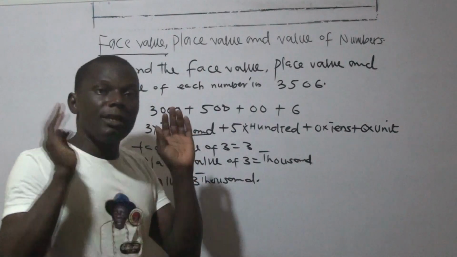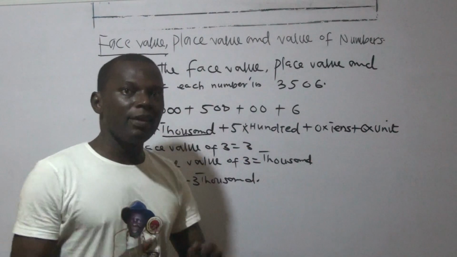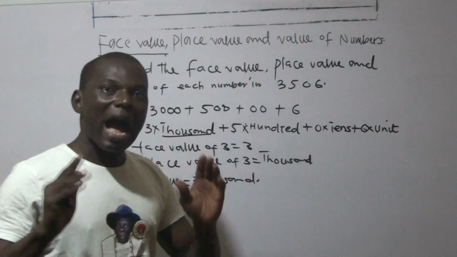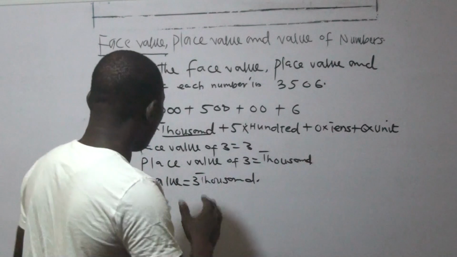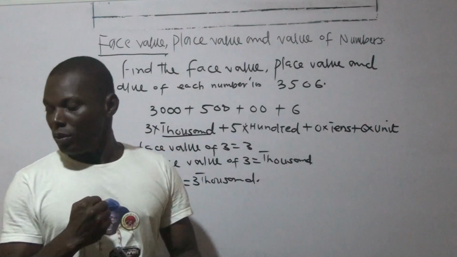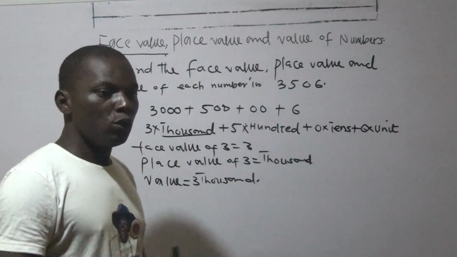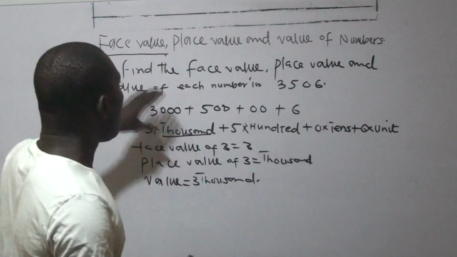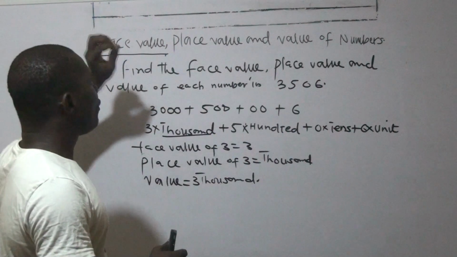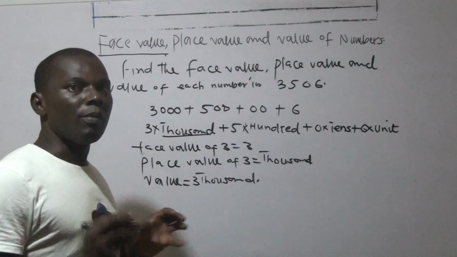The place value is the position the number is standing, while the value is the product of the face value and the place value. That is a very simple explanation of place value, face value, and the value of numbers.